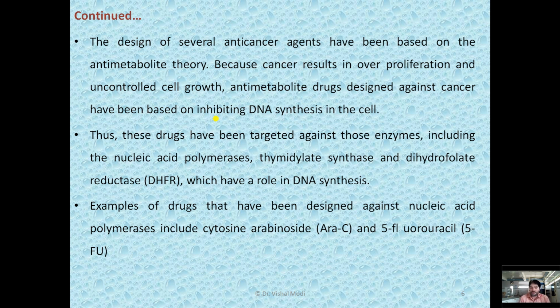Examples of drugs designed against nucleic acid polymerase include cytosine arabinoside, 5-fluorouracil, 6-mercaptopurine and thioguanine. There are a lot of drugs in this category.